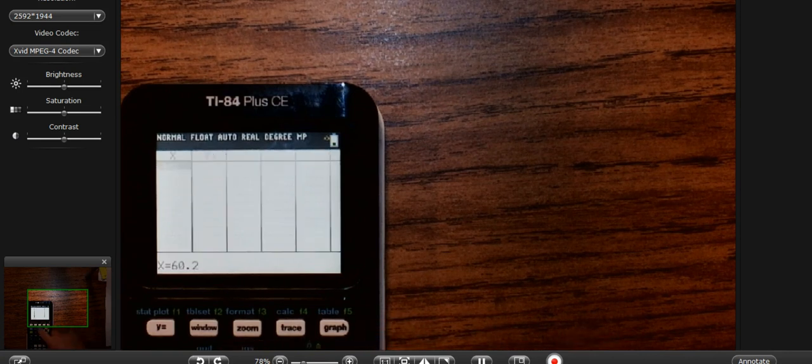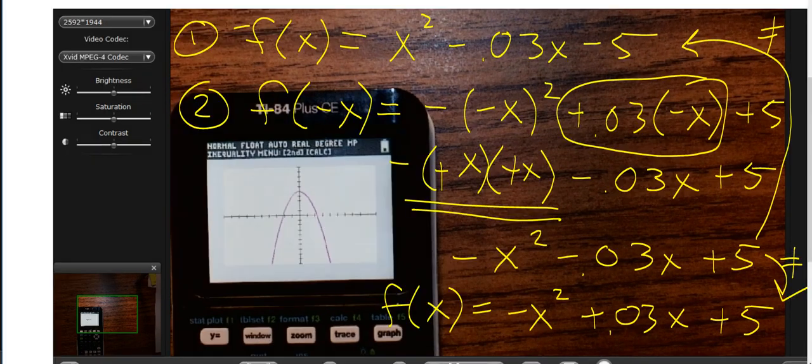Type in 1, type in negative 1, boom, boom, 4.03, 3.97. They are not the same. They are not opposites. Okay? I would say most people would have bet on even for that instead of being careful there. The algebraic proof obviously does show me also that it's neither.